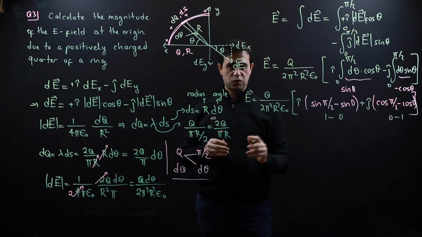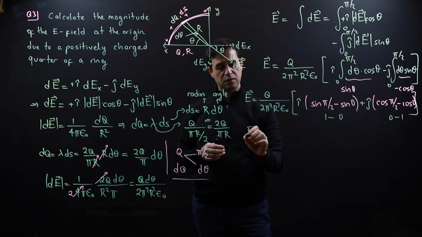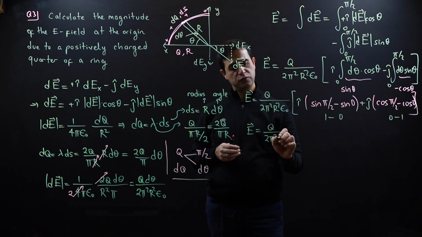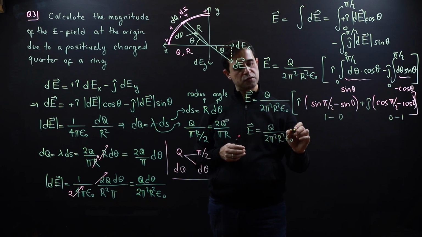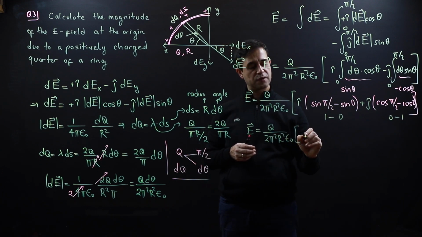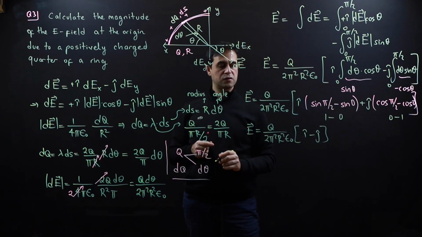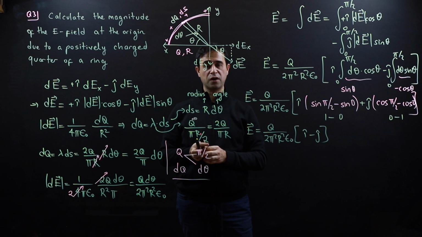So the whole answer will be E equals q divided by 2 pi squared r squared epsilon 0, i times 1 is i hat, and minus j hat. Okay, so that is the whole expression for us.